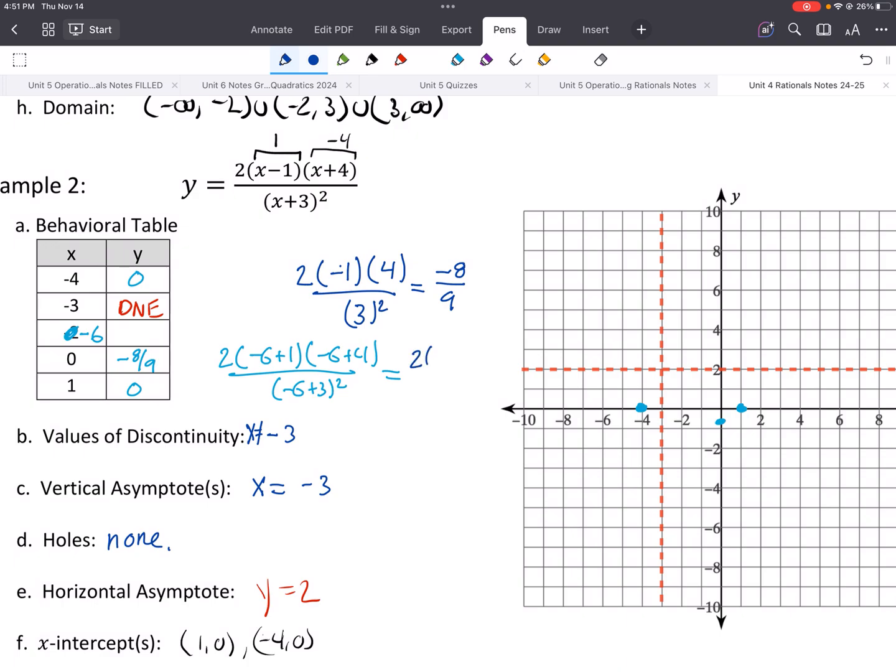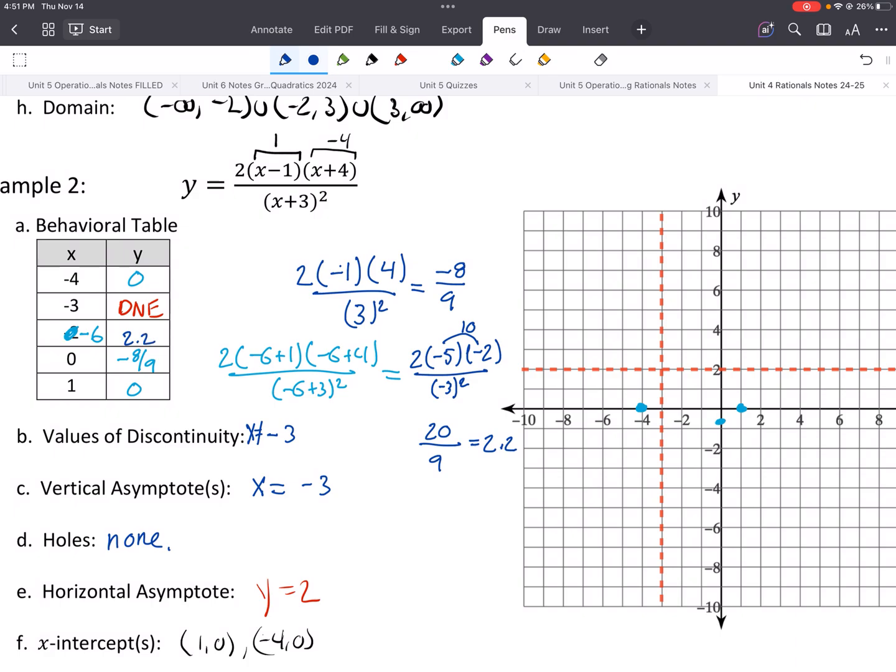So 2 times -5 times -2 over -3 squared. So this would be 10 times 2 is 20 over negative 3 squared is 9. So it's just a little over 2. So it's probably 2.2-ish.